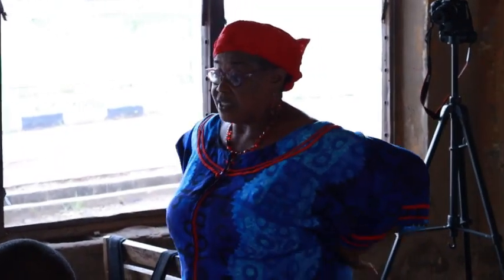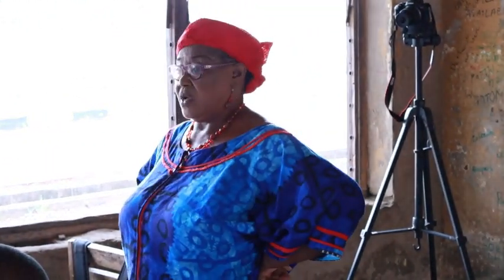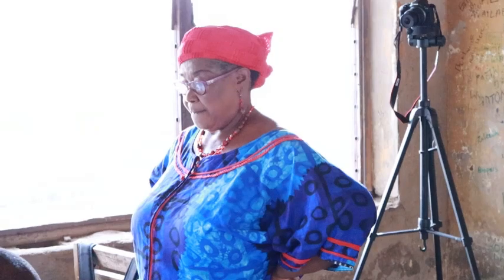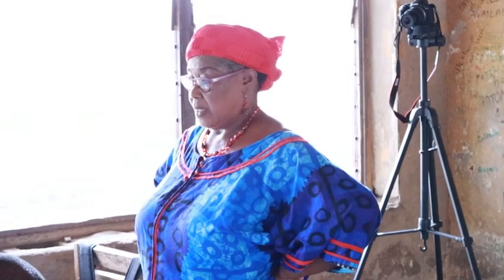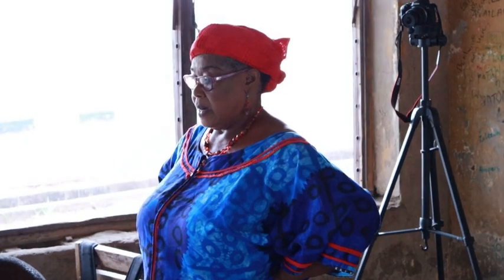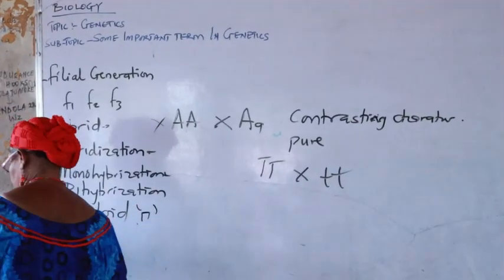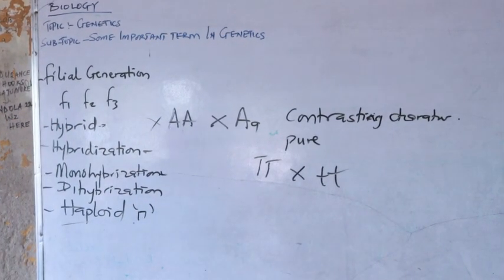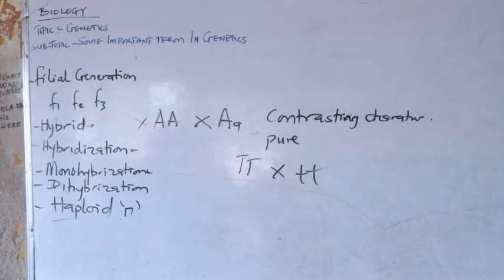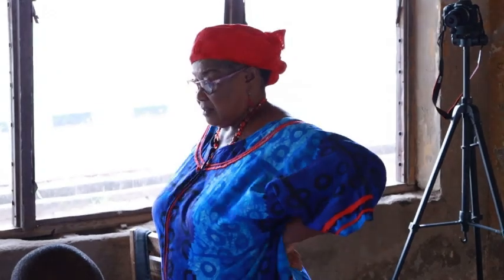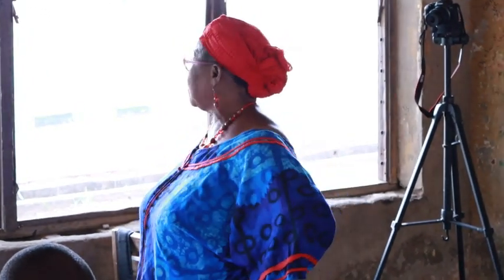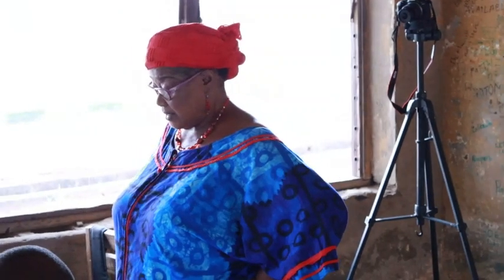An organism has one set of chromosomes. When an organism has one set of chromosomes, that is haploid. The next one is diploid, and remember, we'll present this with N. Diploid: two sets of chromosomes in the body cells.